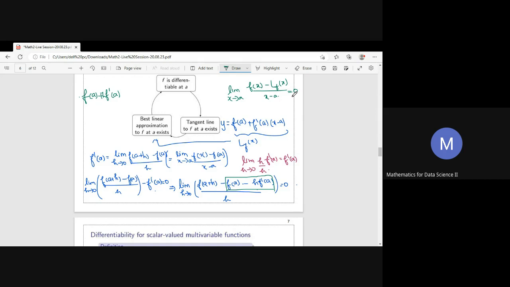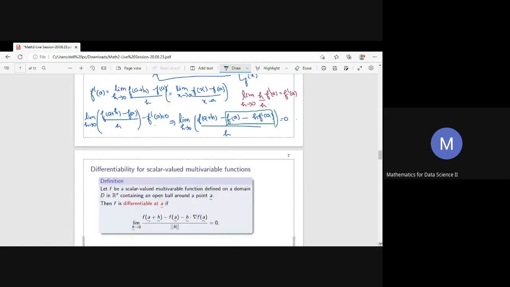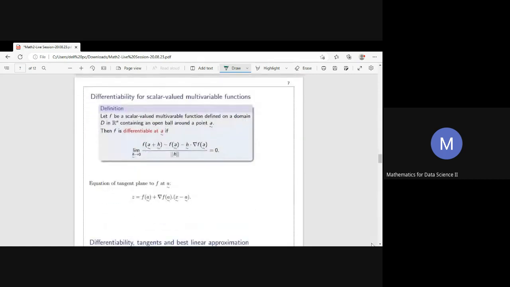That is why you are getting the limit to be 0. Or in terms of h also, you can understand the same. So the linear function and the original function near a are very close. Now let us go to the case of multivariable functions.